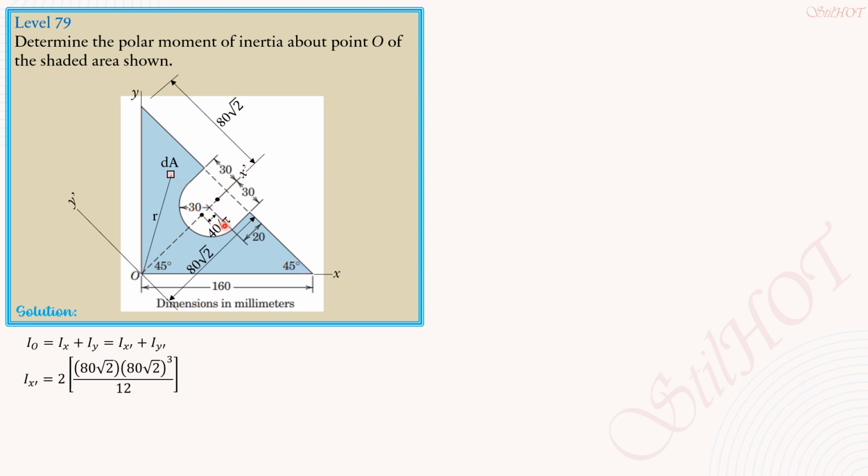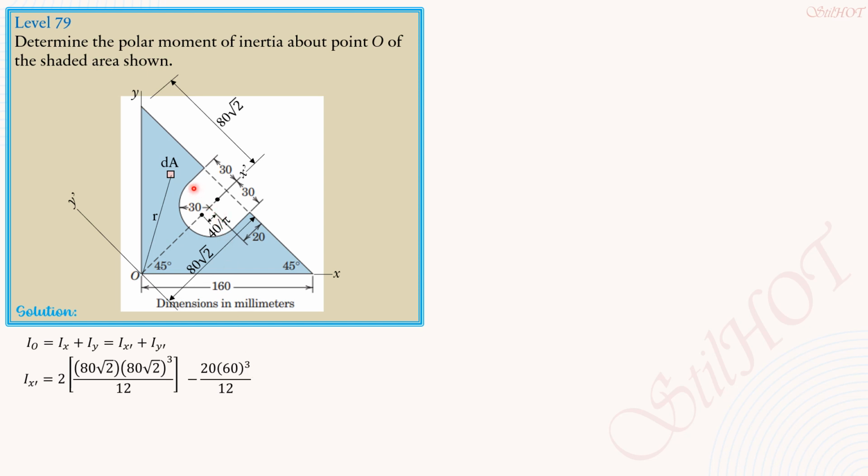Now we subtract the moment of inertia of this rectangle with respect to this x prime axis, and this x prime axis happens to be the centroidal axis of this rectangle. Therefore, we subtract the moment of inertia of the rectangle with respect to the centroidal axis, 20 times 60 cube over 12.